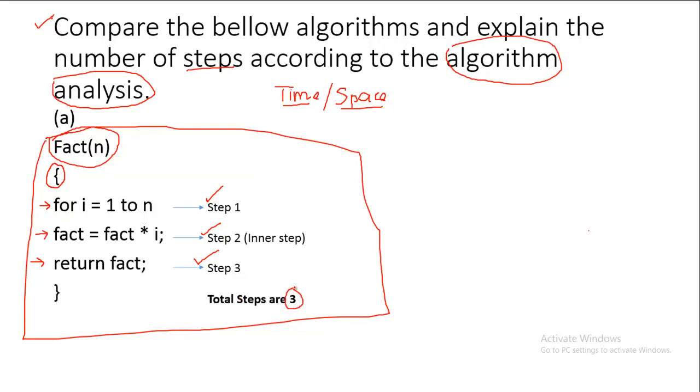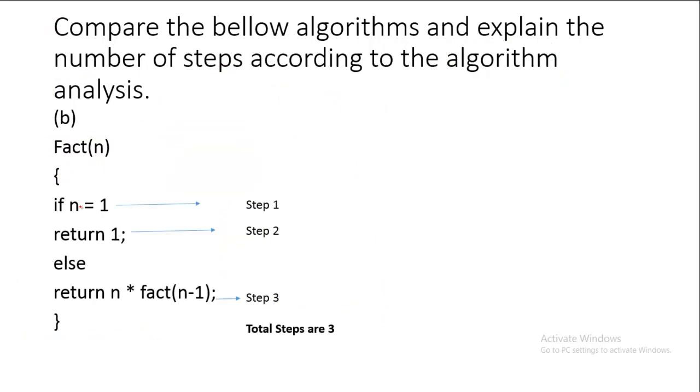It's solved. Next question, the B part of the same question: this program is also for finding the factorial of any given number. In this algorithm, the same rule we can apply. Just count the statements inside the function definition.